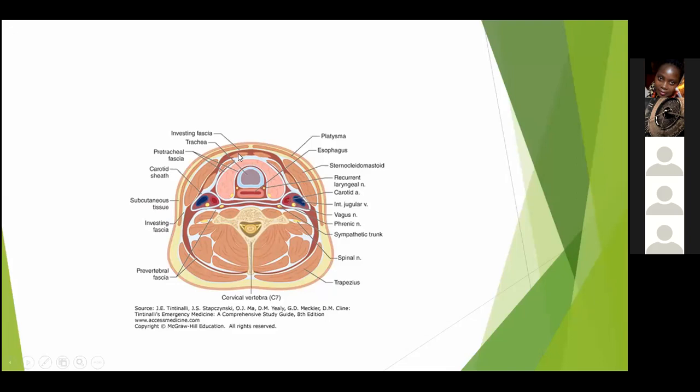So you have the deeper muscles of the neck. These are usually vertical. You realize that in the midline, you don't have much muscles.